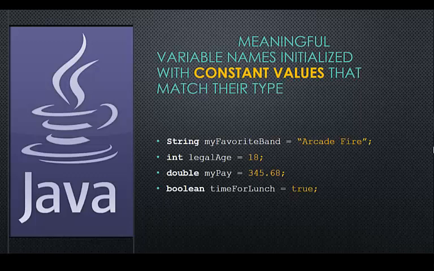Meaningful variable names initialized with constant values that match their type. Let's take a look at this slide. Here we see putting all these ideas together. The data type for myFavoriteBand would need to be a string. Why? Well, because it's made up of characters, and we put those inside quotes.